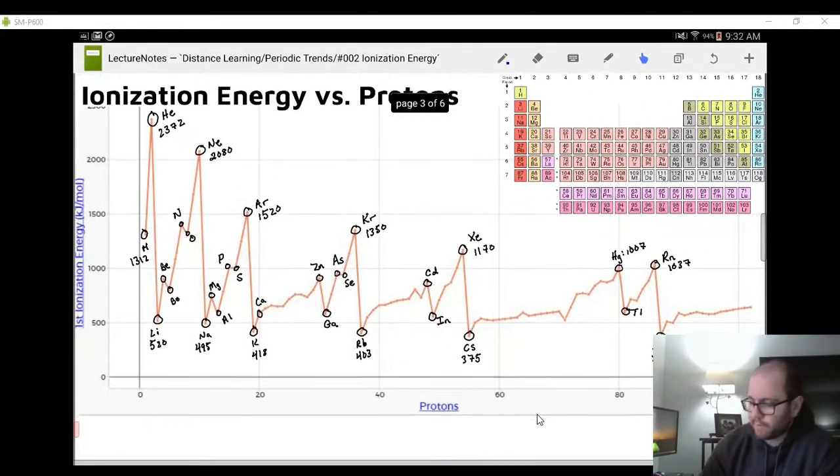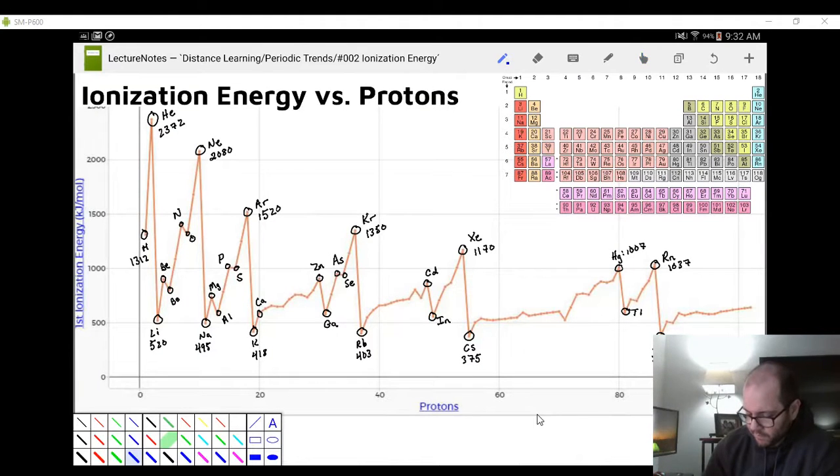So I went through and I labeled the different points using the CodeOut program, like we did for the last video. And we see that at each of these high points, helium, neon, argon, krypton, xenon, mercury, and then radon, all of those points except for mercury fall into our noble gases.